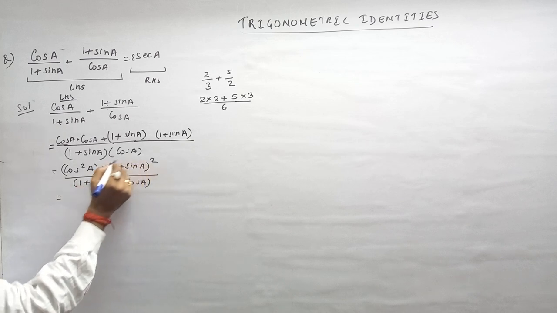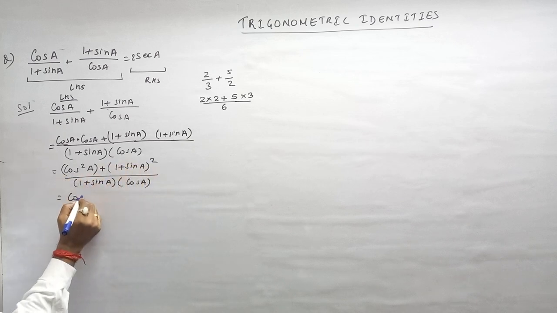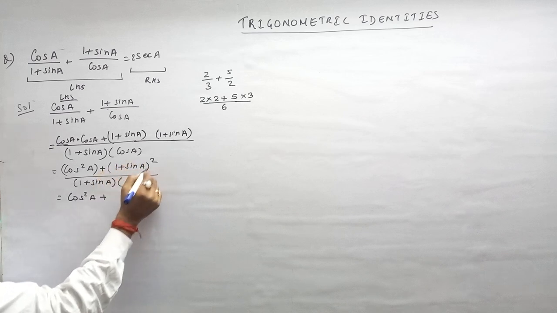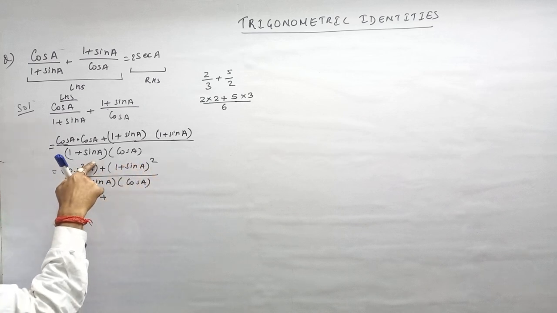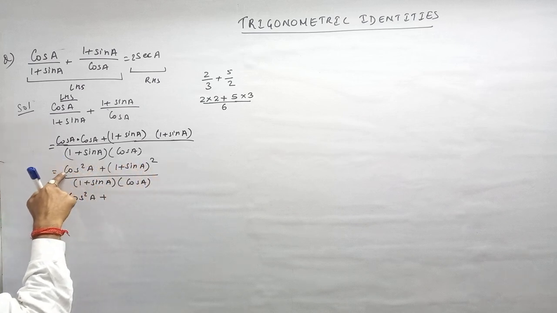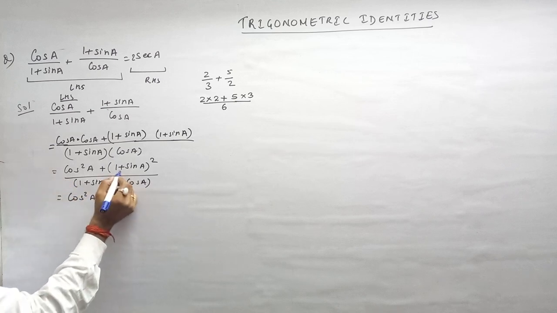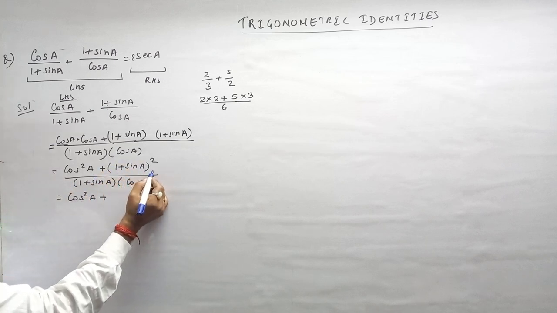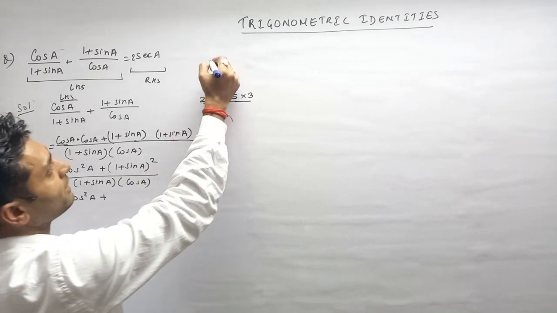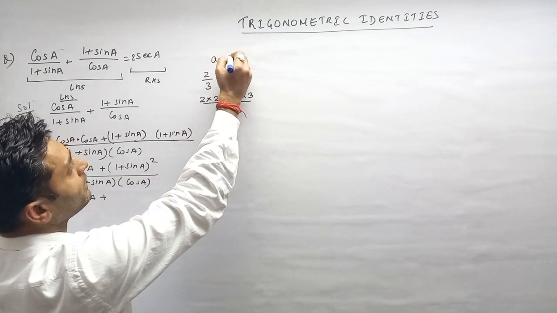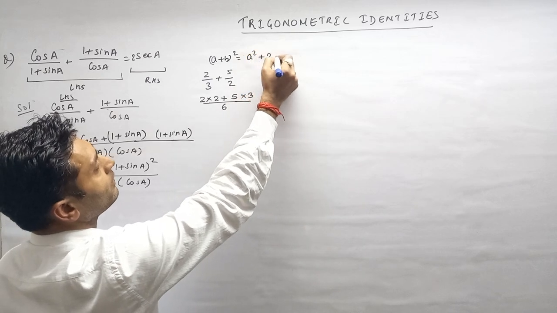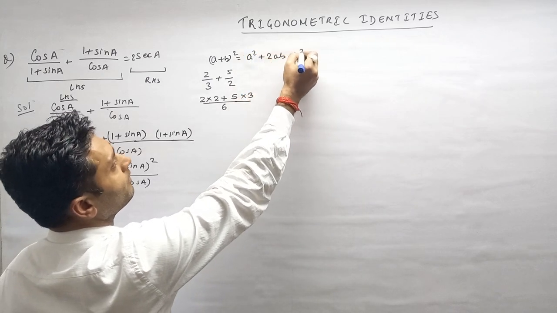Now in the numerator, let me first write down: this is cos square A plus 1 plus sin A whole square, that means A plus B whole square, right? What is A plus B whole square? A plus B whole square is A square plus 2ab plus b square.